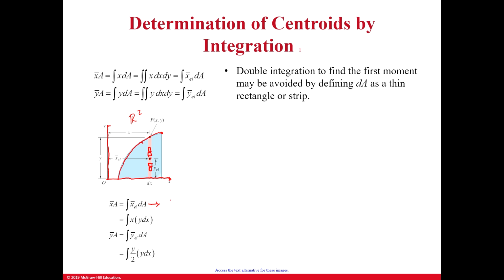This delta area has units of length squared, and this x distance has units of length. You can see how this is length squared, this is length. The same for y. This computation will give you the first moment of area in x, and this computation will give you the first moment of area in y.